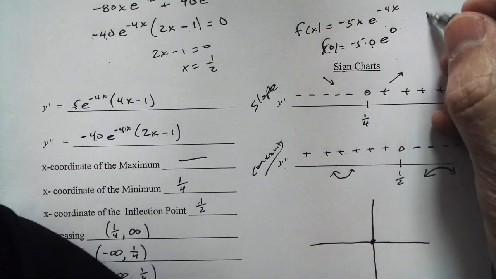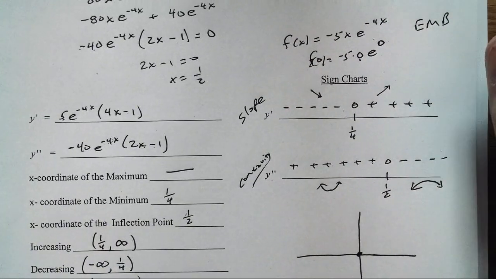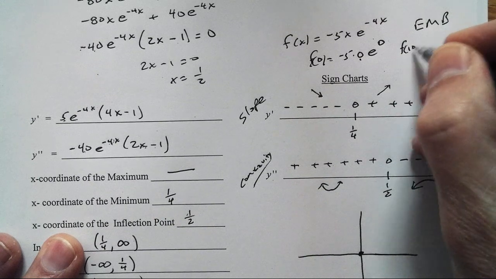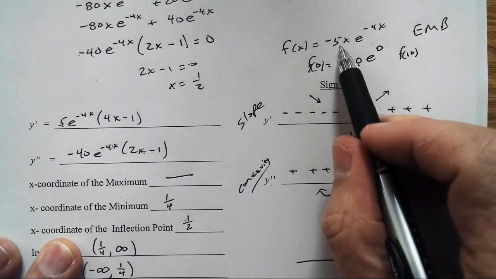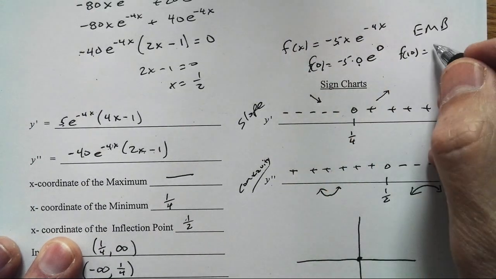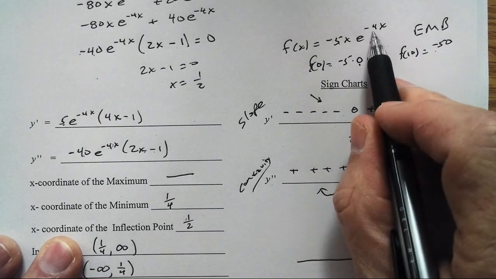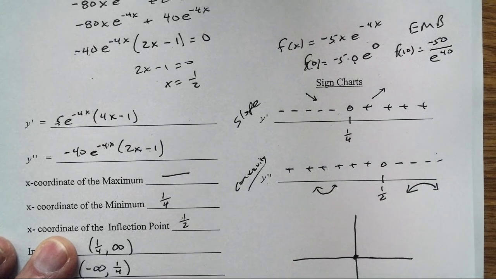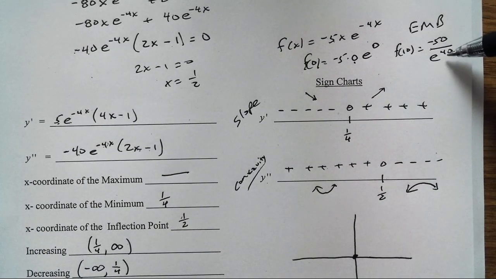And then I'm going to consider end behavior. In other words, what happens when x gets really big? And this isn't even really big. Let's consider f of just 10, something to the right of 1/2. F of 10, I would get negative 5 times 10, negative 50, times e to the negative 40th, or one over e to the 40th. So what's going on there is we get a negative divided by a positive.